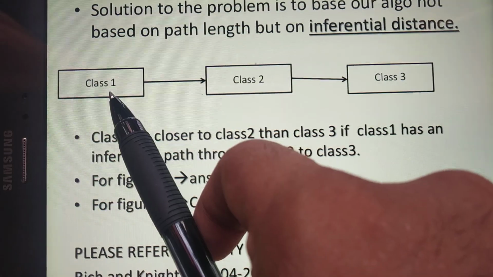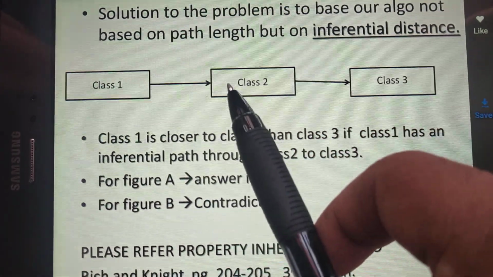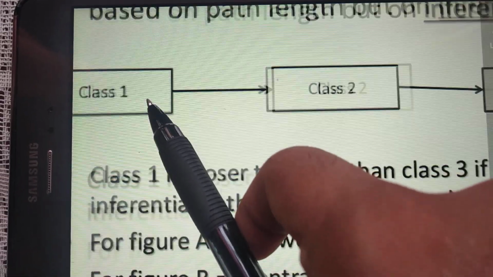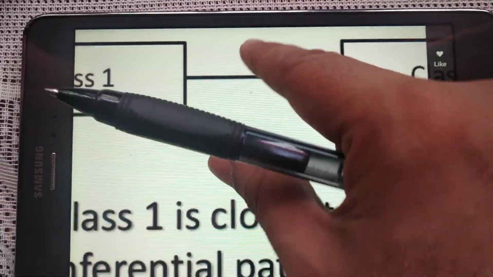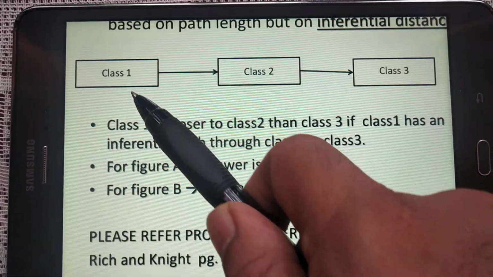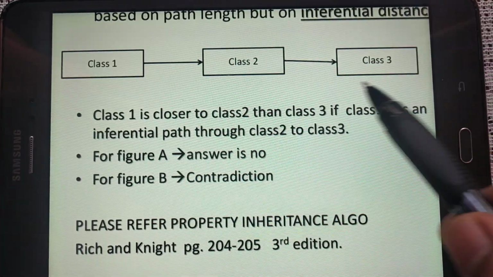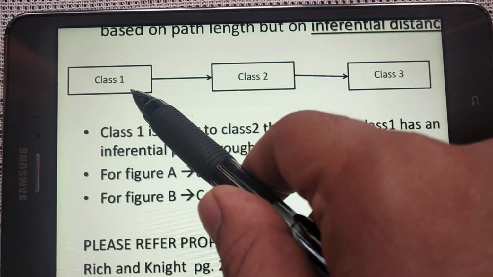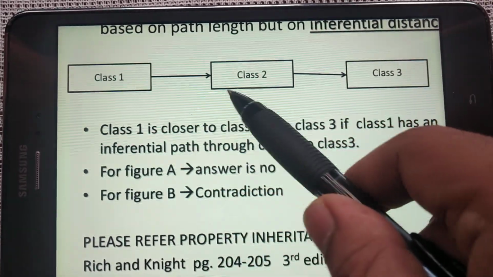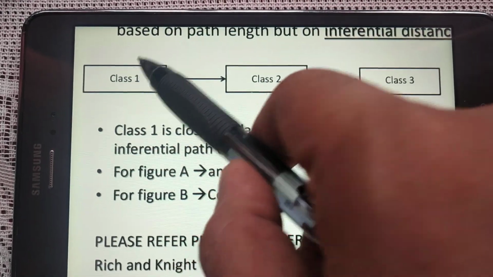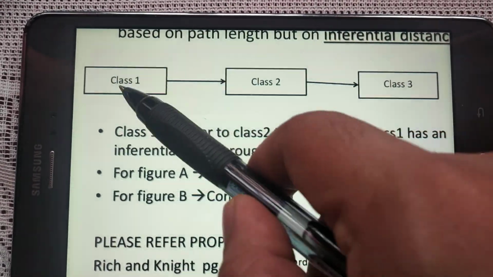You say that class 1 is closer to class 2 than to class 3 if it has an inferential path to class 3 which passes through class 2. So if there is a path which passes through class 2 and reaches class 3, then you can say class 1 is closer to class 2 than class 3.